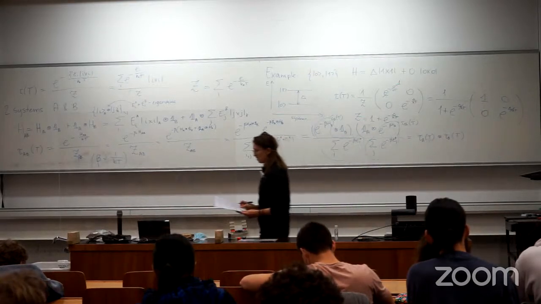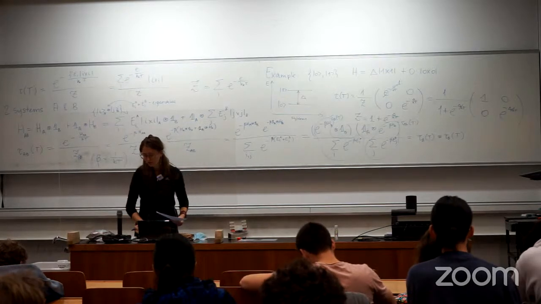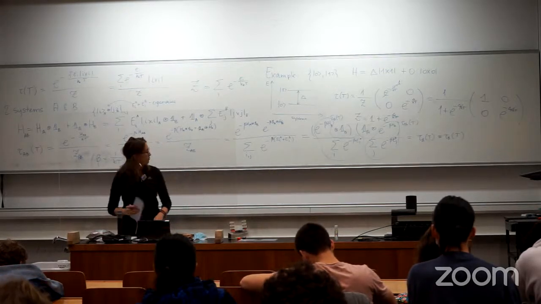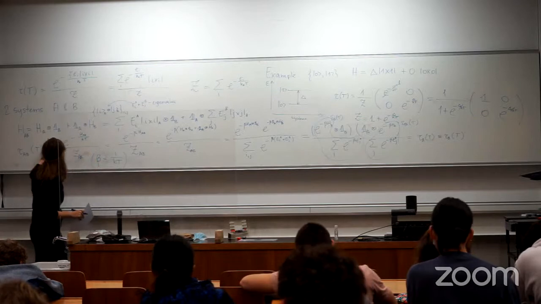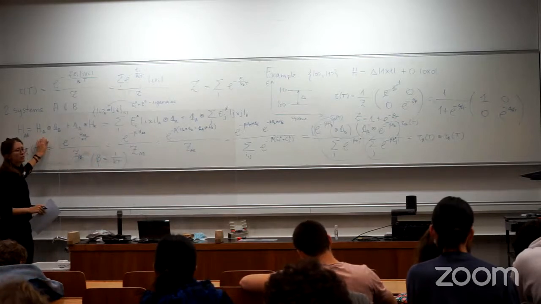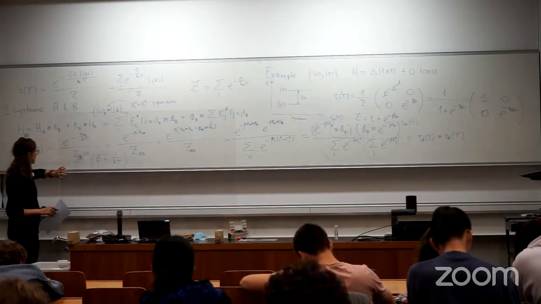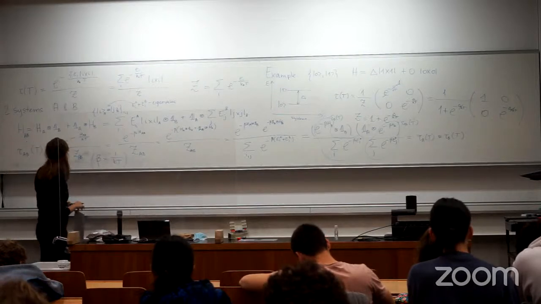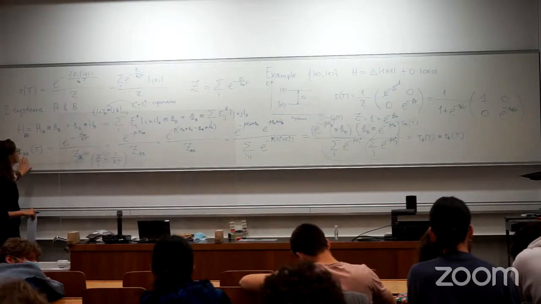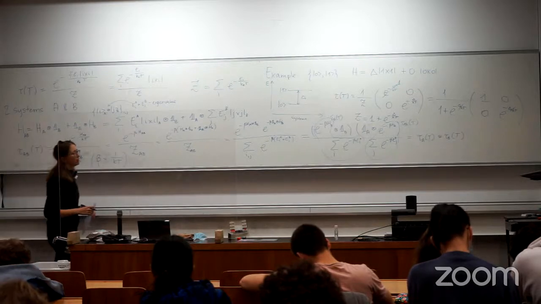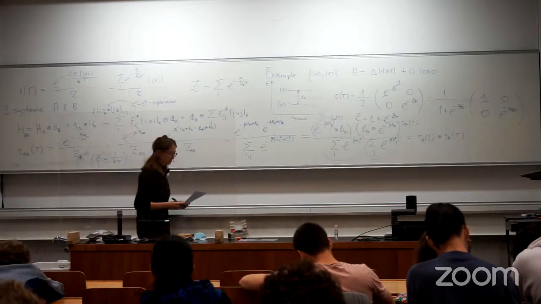Of course, this is only true for the case when these two systems are independent of each other. So only when they're non-interacting can we write the thermal state on a joint system as just a tensor product of thermal states on individual systems at the same temperature.